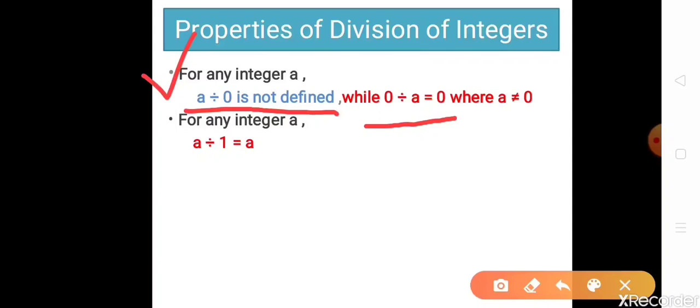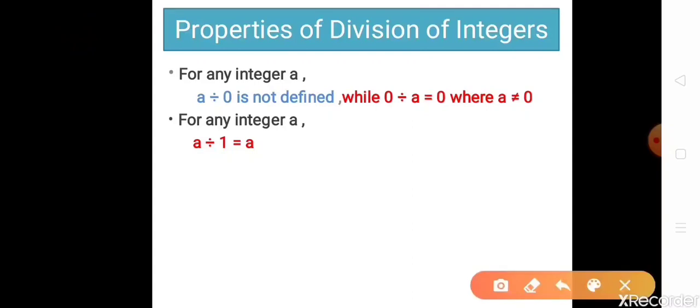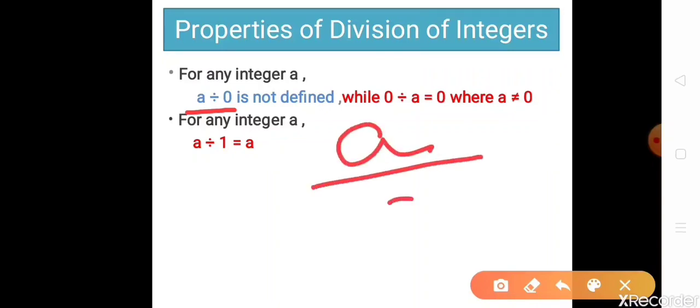So now if we want to express a divided by 0 in terms of a fraction, how are we going to write it down? A by 0, where 0 denotes your denominator, right? Okay. And what is the value of 0? 0 has no value.